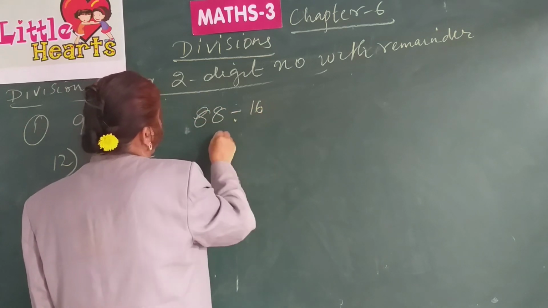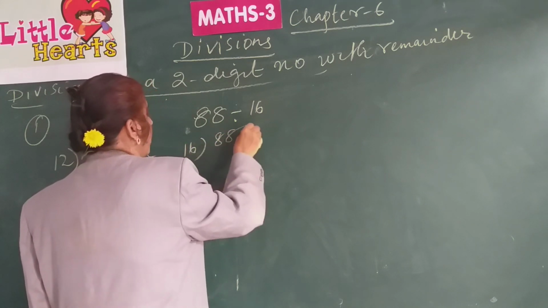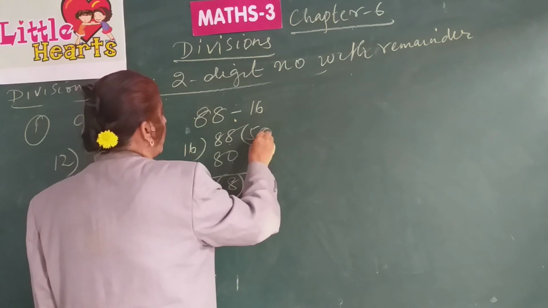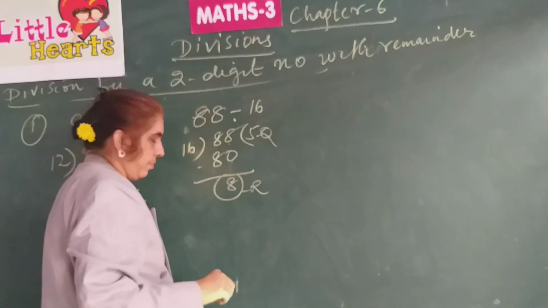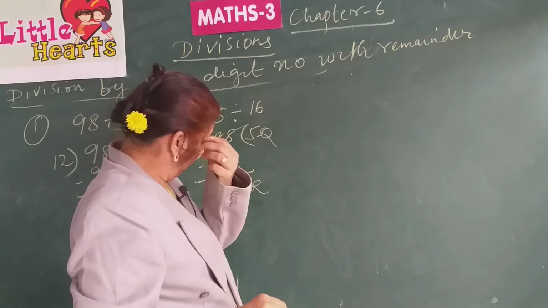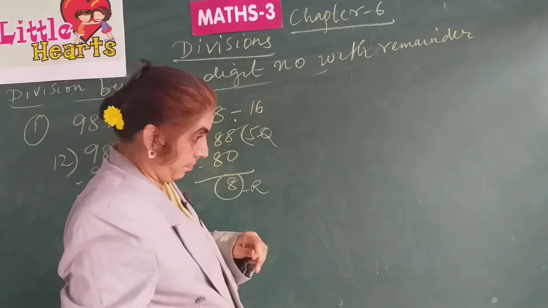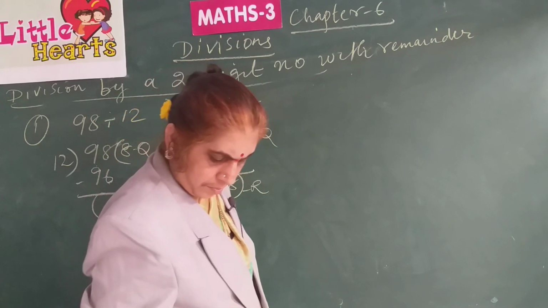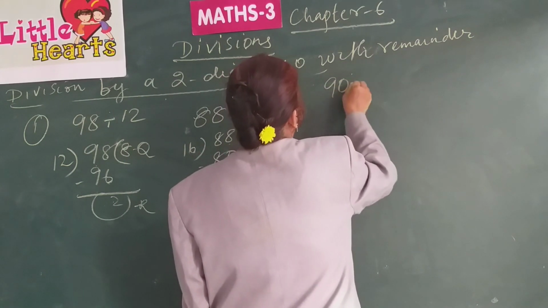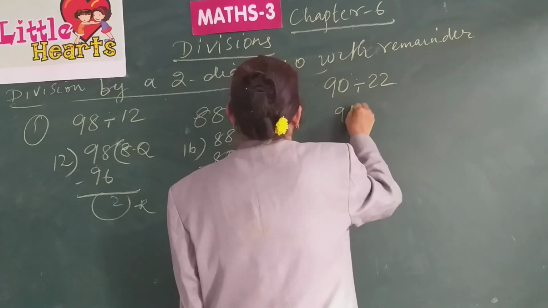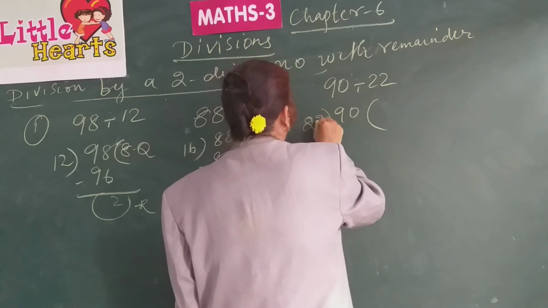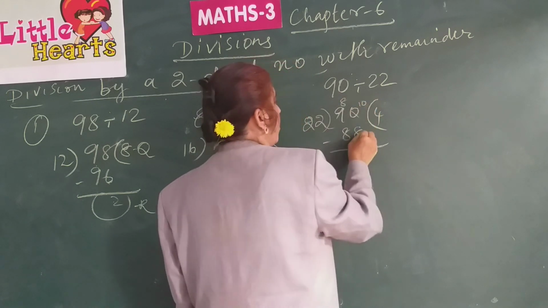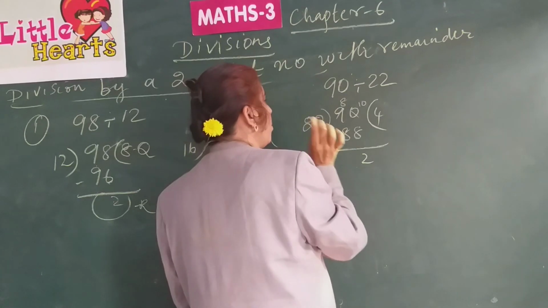88 divided by 16. 16 fives are 80. 8 minus 0 is 8. This is the quotient and this is the remainder. 90 divided by 22. 22 fours are 88. 90 minus 88 is 2.